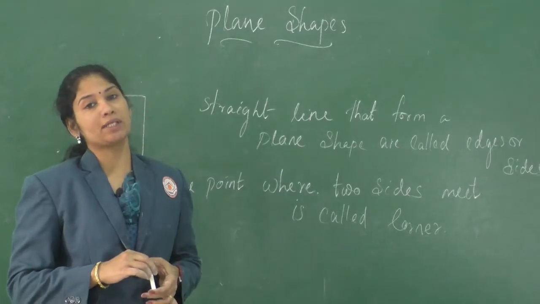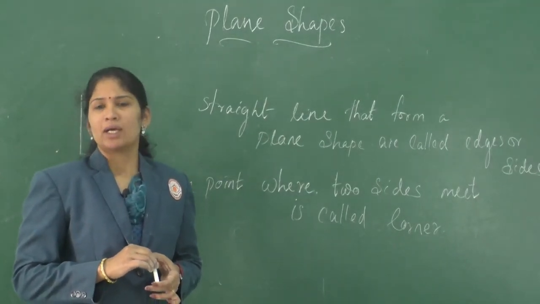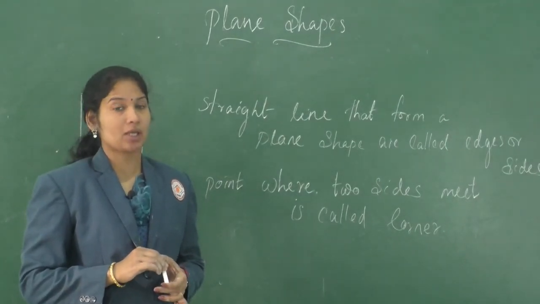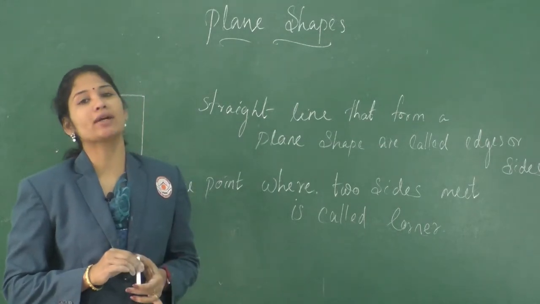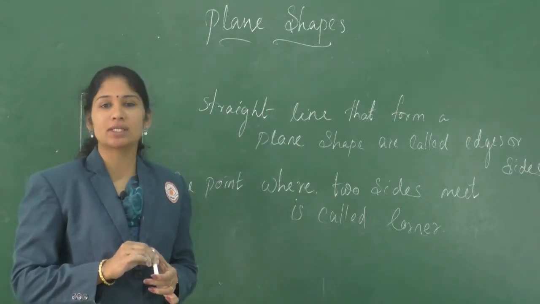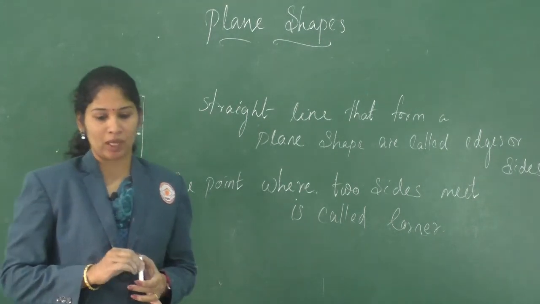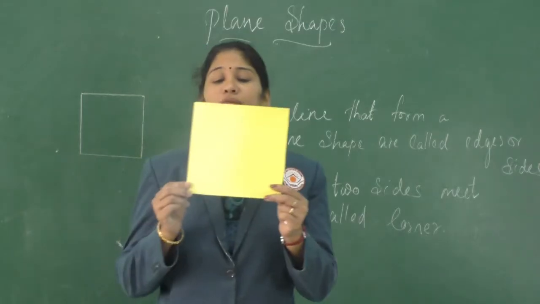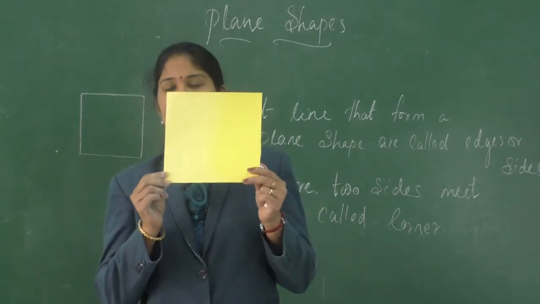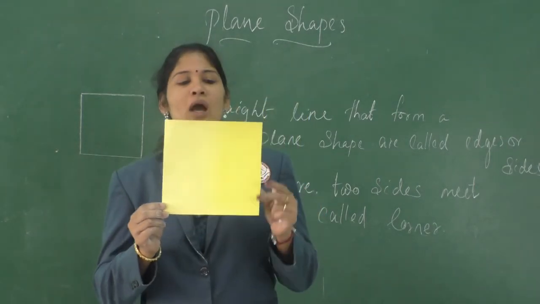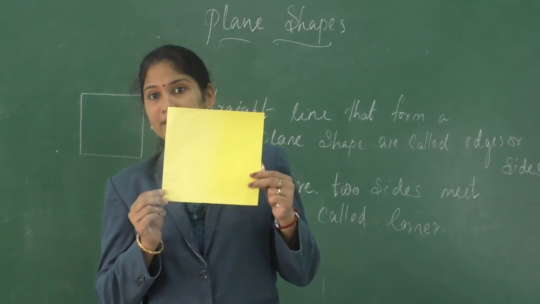Children, our next topic is plane shapes. Do you know what are plane shapes? Shapes such as triangle, square, rectangle, circles are called plane shapes or 2D shapes. Which shape is this? Yes, it's a square. How many straight lines are there?